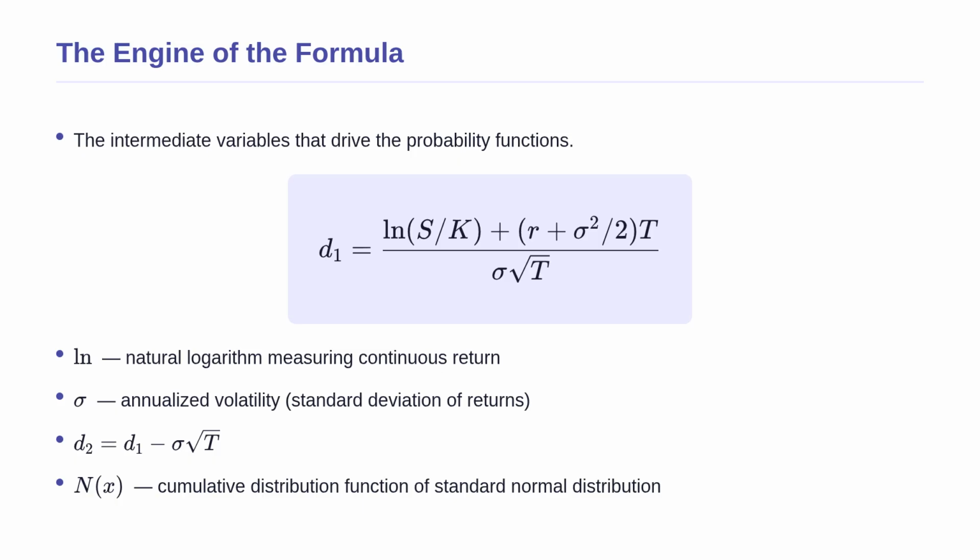The natural logarithm measures the continuous return needed to reach the strike price. The variable D1 adjusts the probability by factoring in the expected value of the stock, while D2 represents the actual statistical probability that the option will end up profitable. N of x simply gives us the cumulative probability from the standard normal distribution.